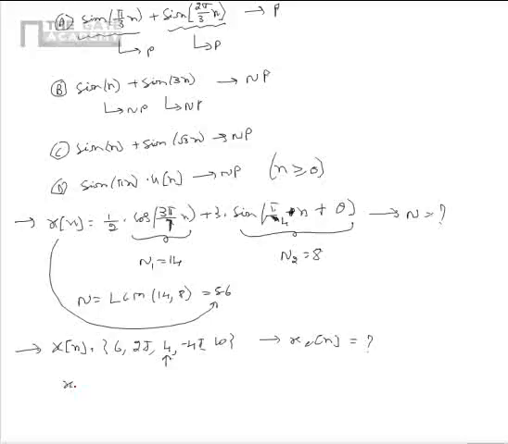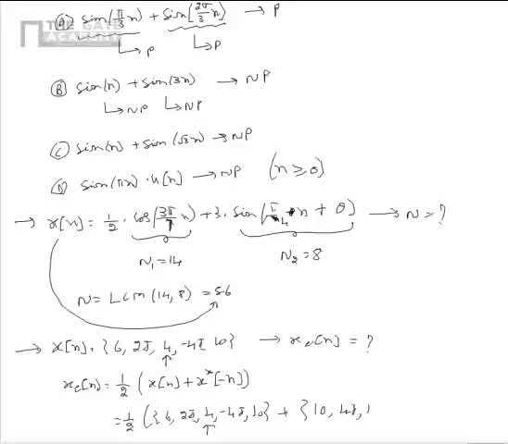We know that the conjugate symmetric part of the signal xe of n is given as half multiplied by x of n plus x star of minus n. Upon substitution, this can be written as half multiplied by 6, 2j, 4, minus 4j, 10 plus 10, 4j, 4, minus 2j, 6.